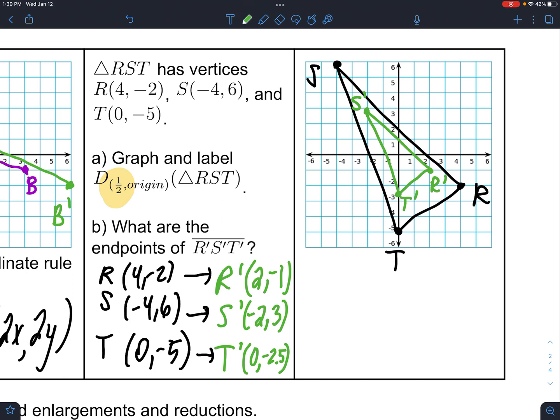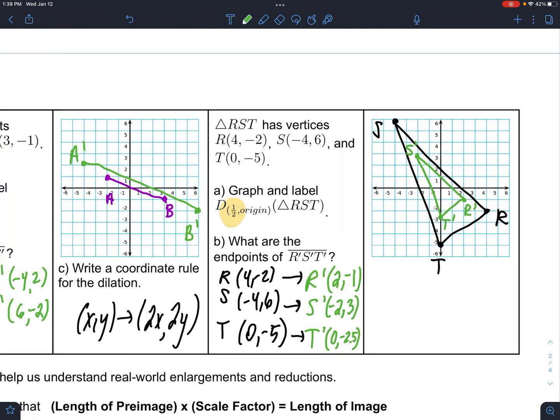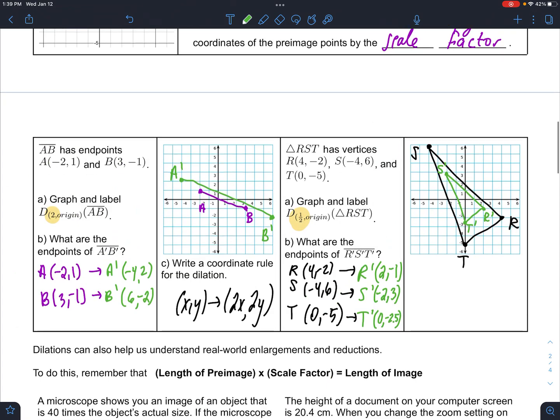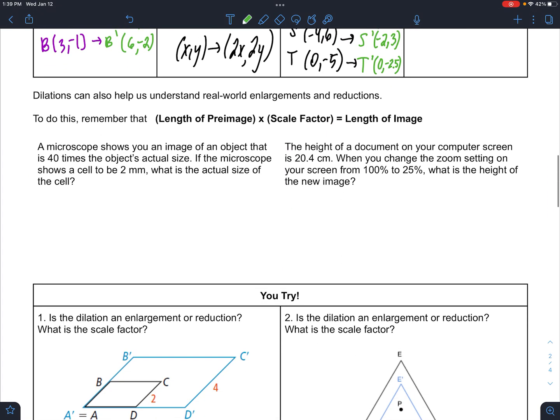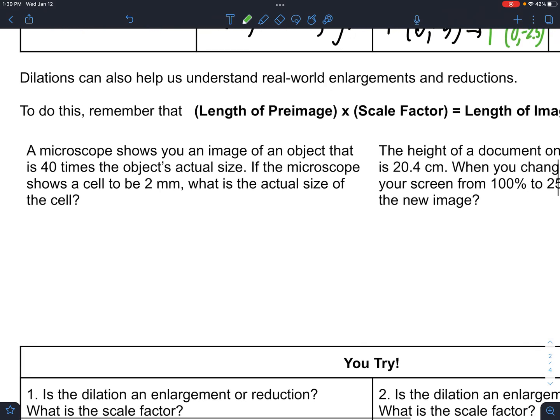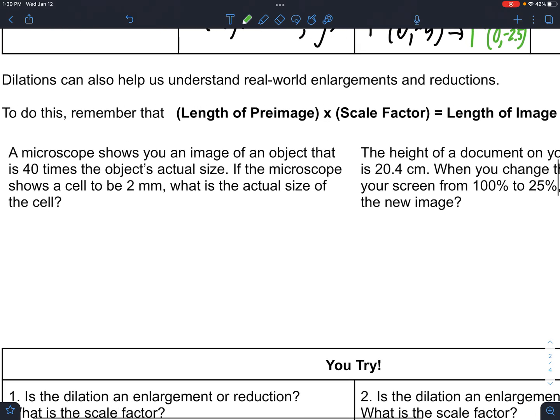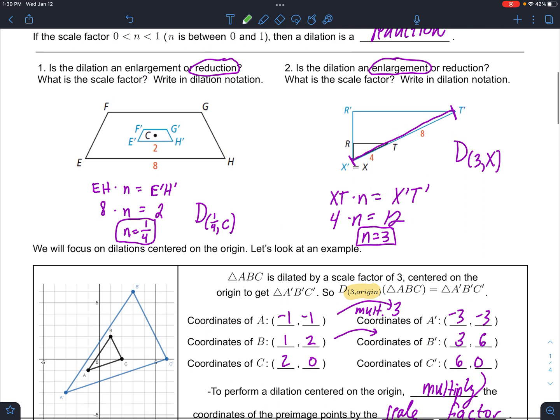So that's how dilations work. It's all about that scale factor. If it's around the origin, you can just multiply or divide the numbers as you see. Okay? So here's some little word problem scenarios.